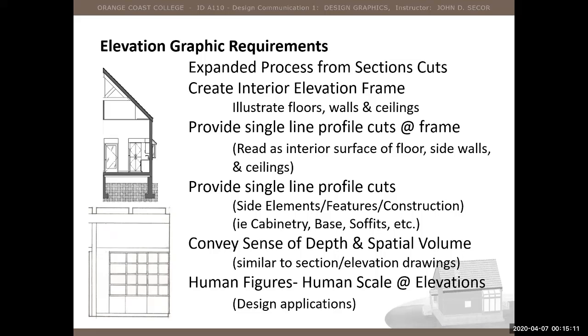The idea of space and depth can only really be applied with the use of line weights, so be thoughtful in that as well. And then it's nice sometimes to use human scale in some of the design applications. We wouldn't want to necessarily do that in technical construction documents, but in a design drawing, they can be very useful.